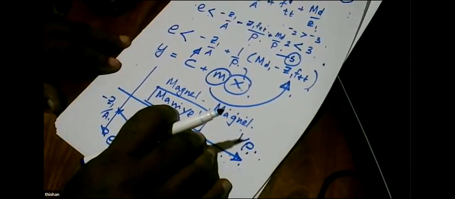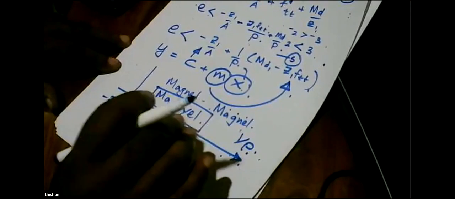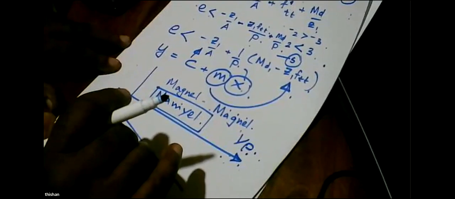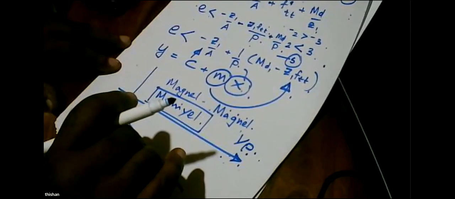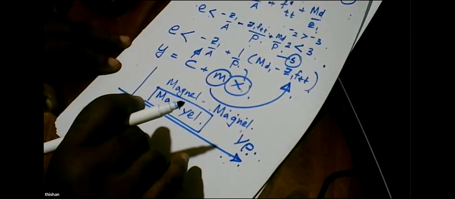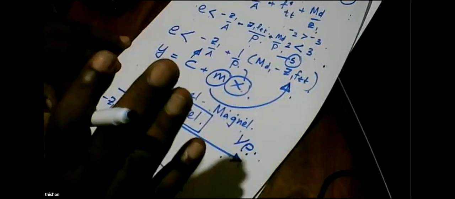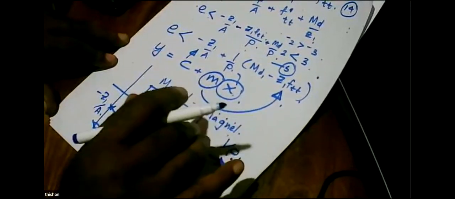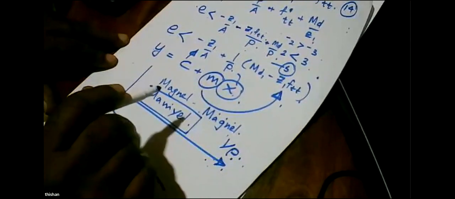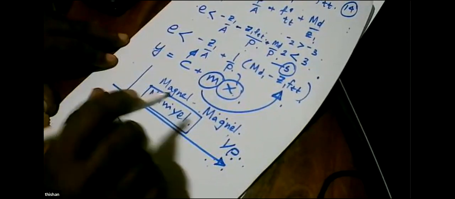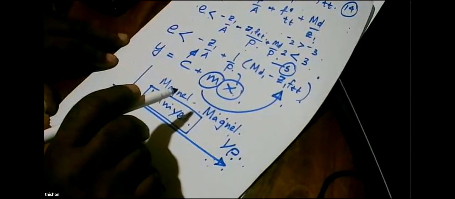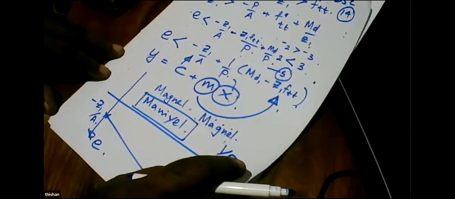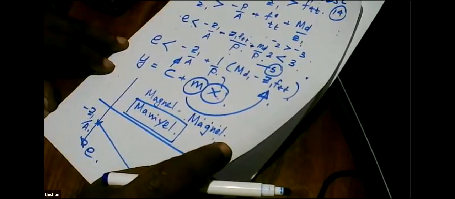In English we write it as Magner because we don't have dots and other things to modify the way we pronounce it. In Belgium also it is written as Magner, but they add some additional symbols to indicate how you pronounce it. But in English we don't have it, so all over the world this diagram is now considered as the Magner diagram.